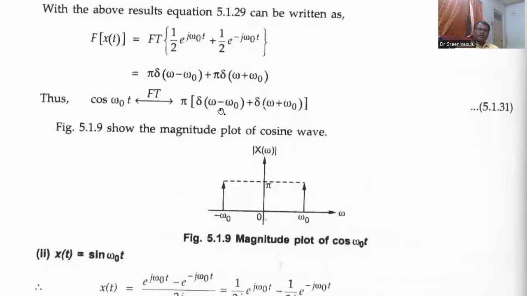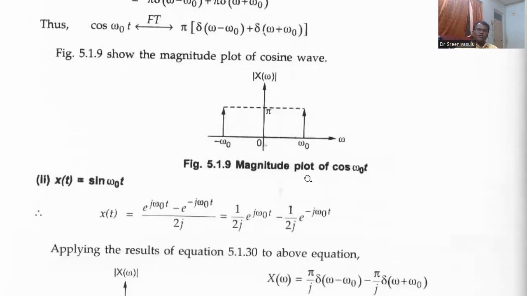At omega equal to omega naught there is an impulse, and its corresponding amplitude is pi. Similarly, delta of omega plus omega naught exists at omega equal to minus omega naught, and its corresponding amplitude is pi. That is the magnitude spectrum.